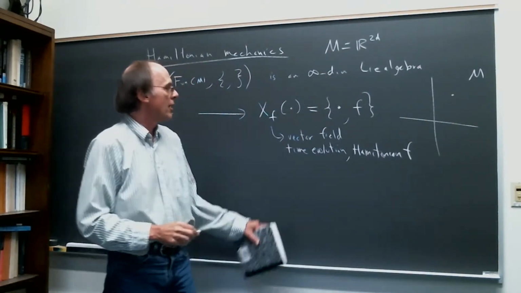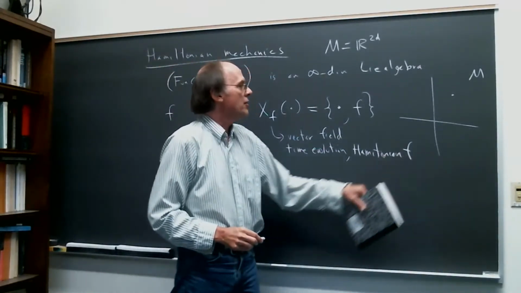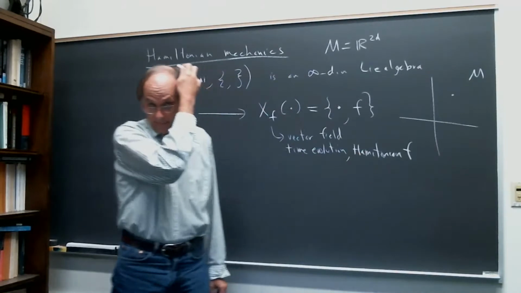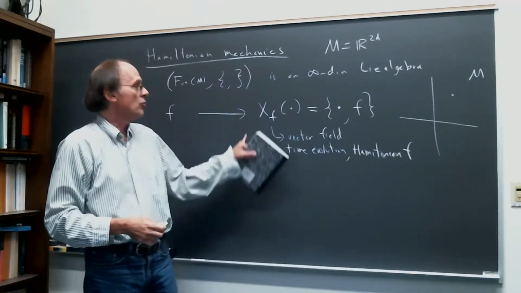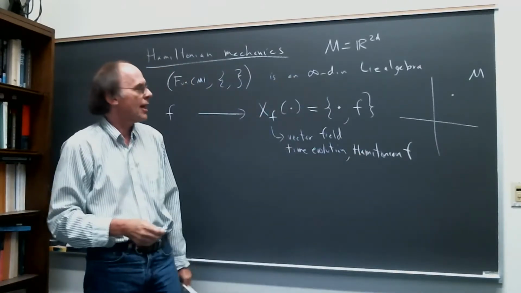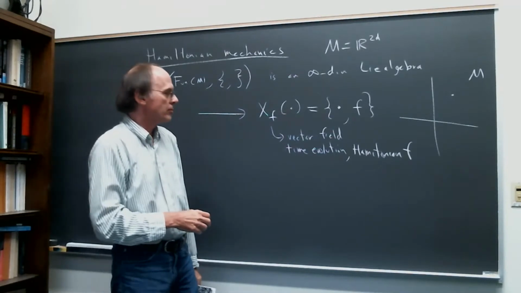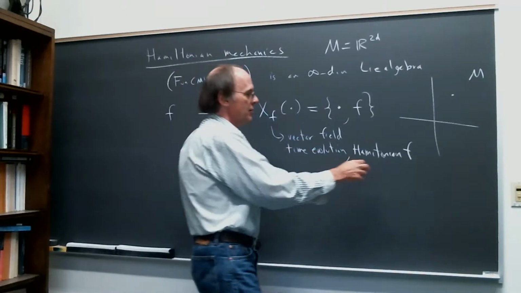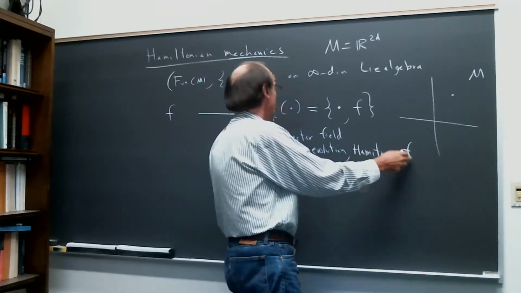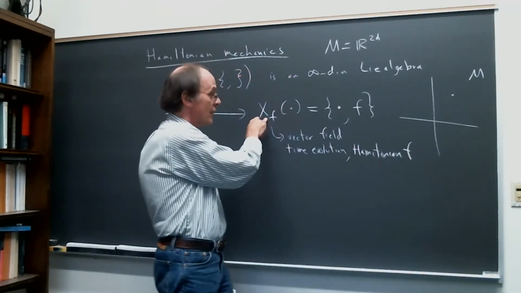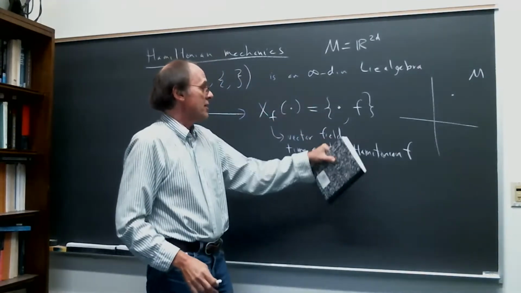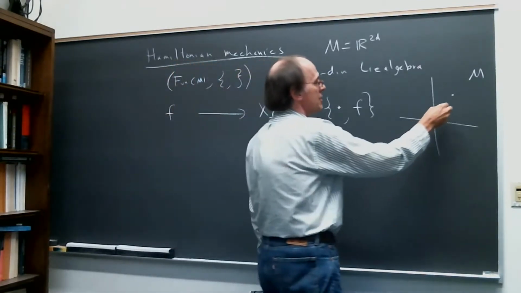Then the Hamiltonian function tells you what's going to happen as you evolve in time. The setup of Hamiltonian mechanics is that Hamilton's equations tell you that, given a function, they just give you this vector field. This is just a way of writing Hamilton's equations.